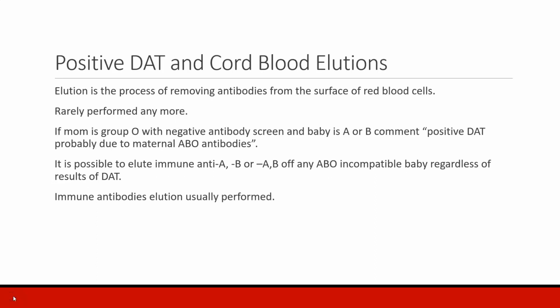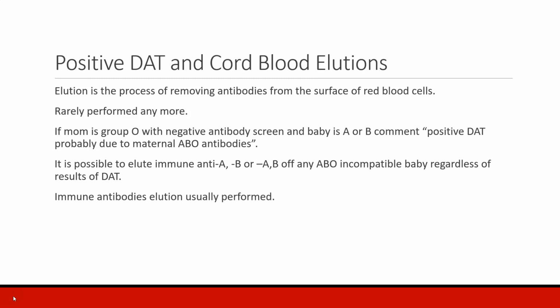If you recall from a previous lecture, elution is the process of removing antibodies from the surface of red blood cells. These are rarely performed anymore, taking all the fun out of blood bank because elutions are really, really cool. If a mom is Group O with a negative antibody screen and the baby is an A or a B, we add the comment positive DAT probably due to maternal ABO antibodies.